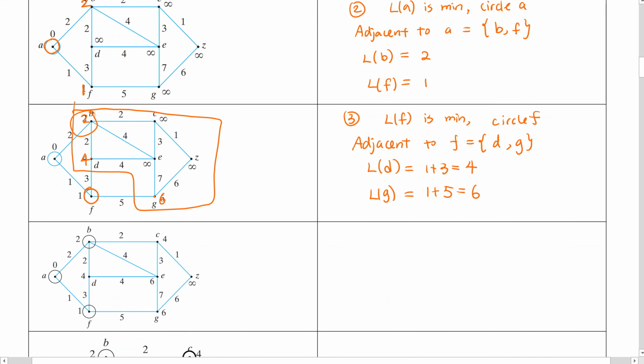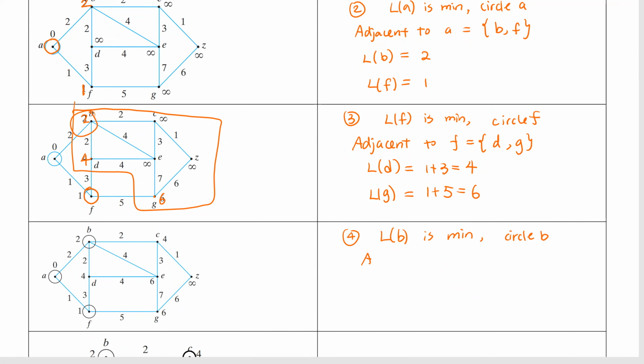So the next step, LB is minimum. Each step you're comparing the labels of all vertices in the set T. T is the set of vertices with temporary labels. So B is minimum, so we circle B.